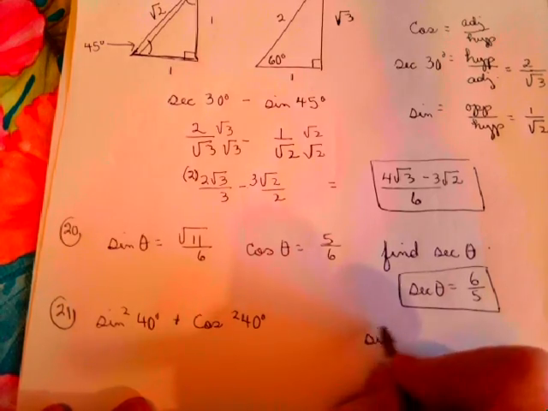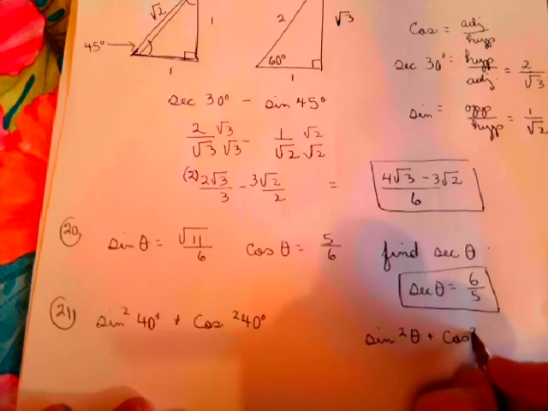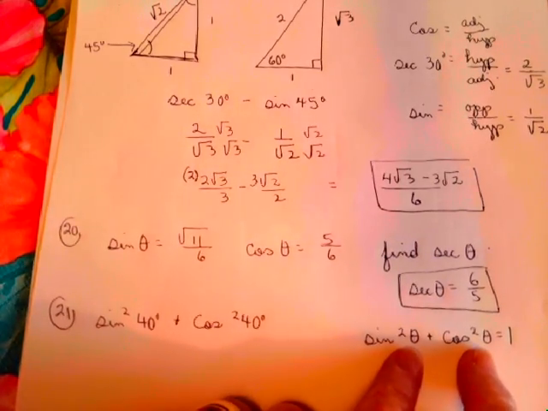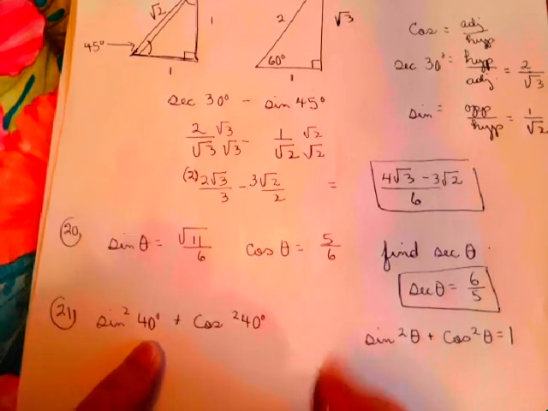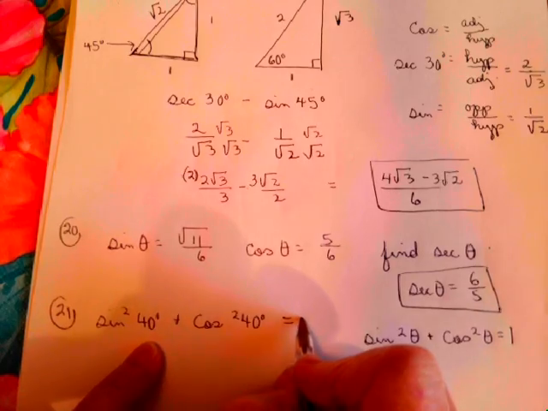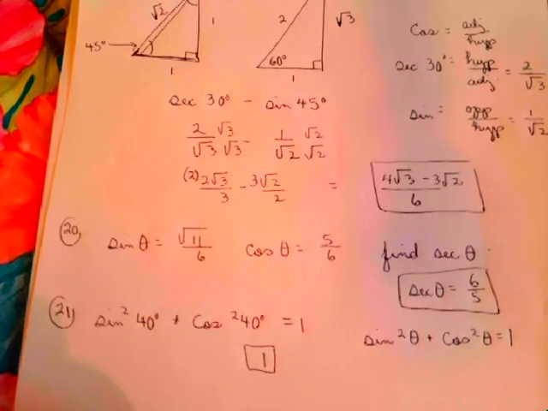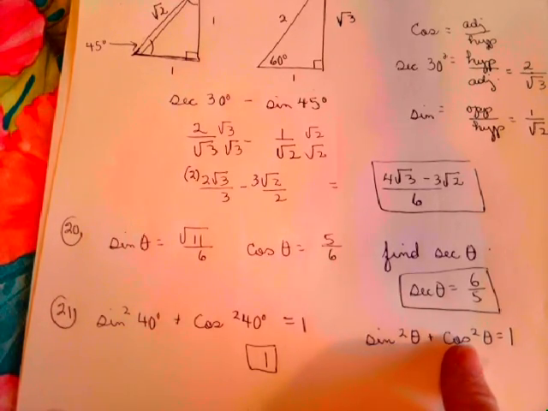One of those is sine squared of theta plus cosine squared of theta equals 1. So as long as these are both the same angle, the value of this expression is 1. Final answer, 1. You know that because you know this Pythagorean identity.